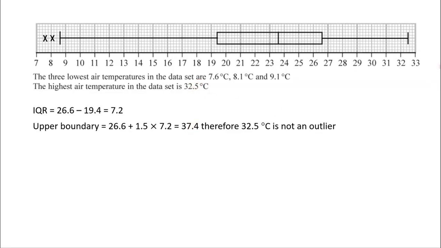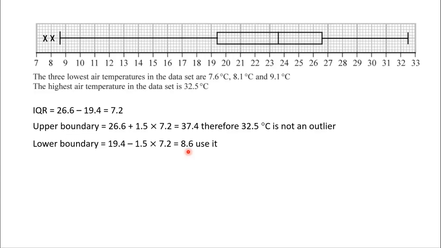In this case, we can put here the largest data value, which is 32.5, for the whisker on the right side. For the lower boundary, again doing Q1 take away 1.5 times the interquartile range, is 8.6.